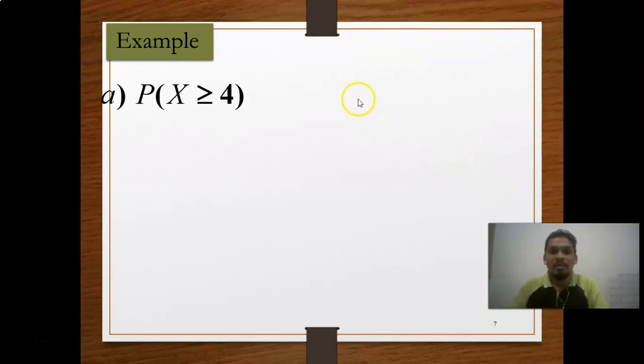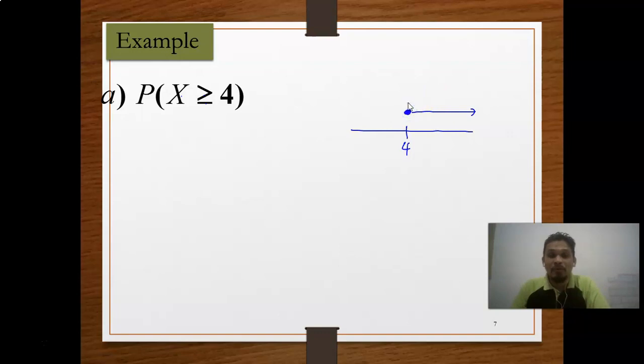Okay, so then just imagine that for this x, x greater than or equal to 4. From this number line, you can see that the value of x greater than or equal to 4 moves to the right side here, including 4.